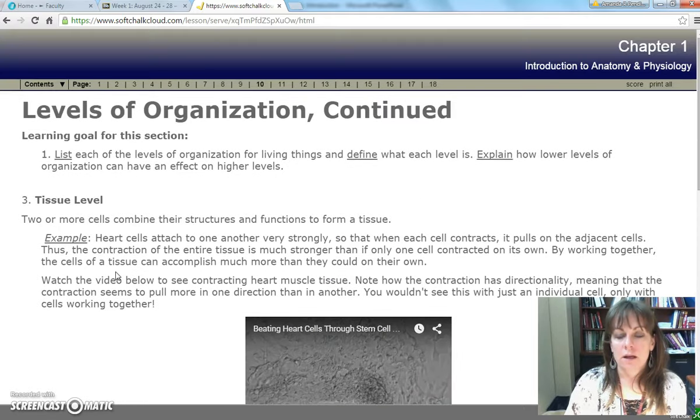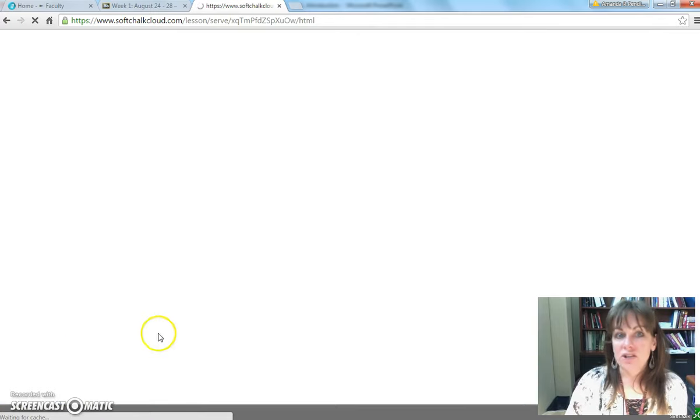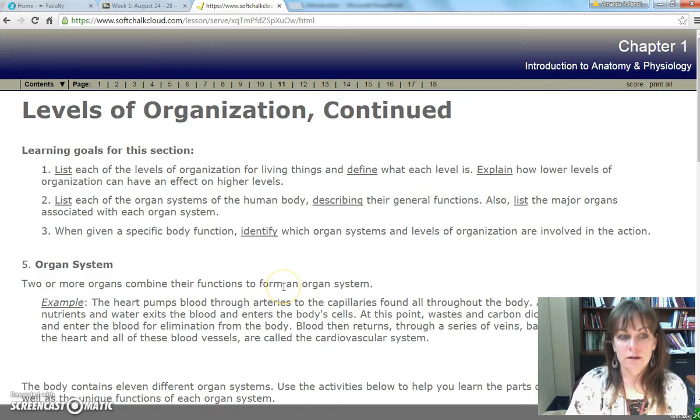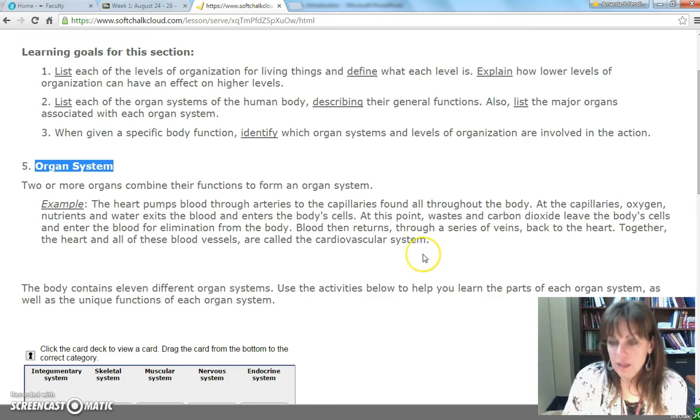Now if we take organs, let's stick with the heart. So we've got the heart, and let's say we add in a whole bunch of tubing of blood vessels. Well, now all of a sudden we've got an organ system. So it's not just an organ, it's a combination of organs. And it gives us a system.